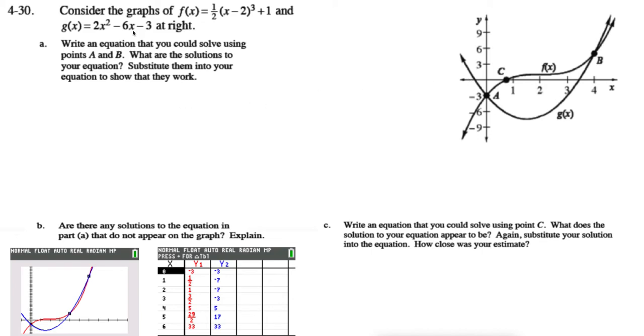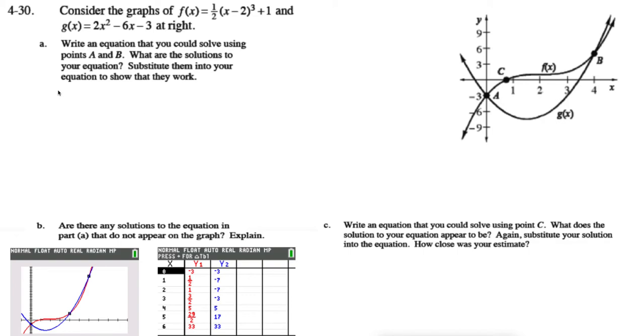So what we're going to do is take our function f of x, which equals 1/2 times the quantity of x minus 2 to the third power plus 1, and set it equal to our g of x, which equals 2x squared minus 6x minus 3. It might be easier to think about it like this.